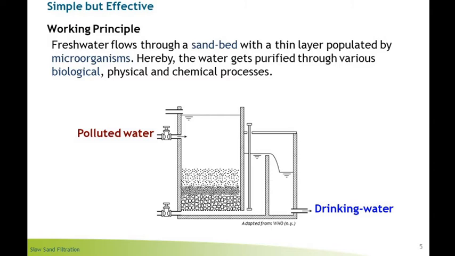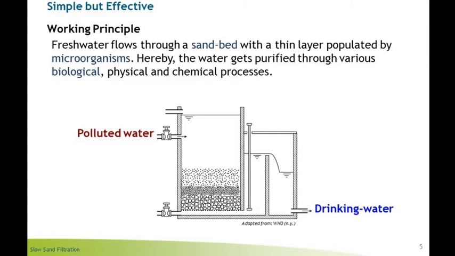During the passing of the water through the sand bed, it removes different types of impurities, physical, chemical, and biological, present in the water. At the end, when the water comes through the gravel, you get the filtered or purified water, which you can collect at the drainage system and use for drinking purposes.